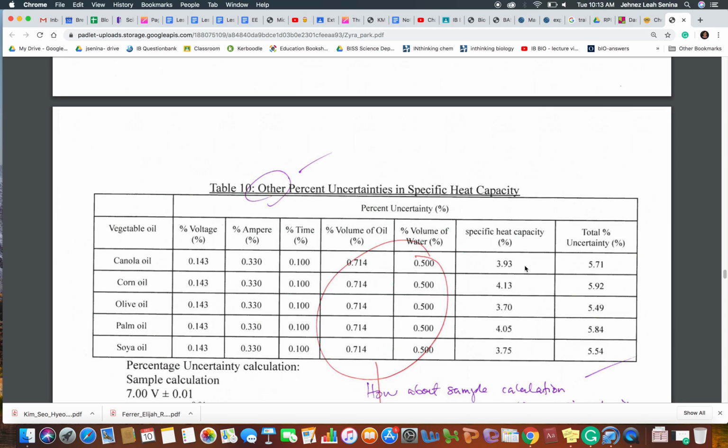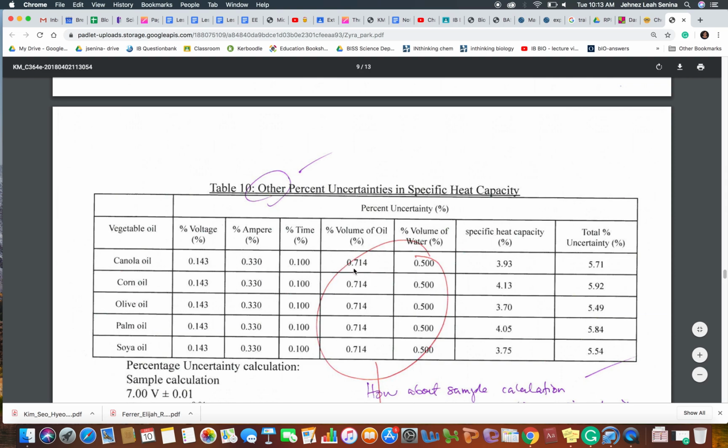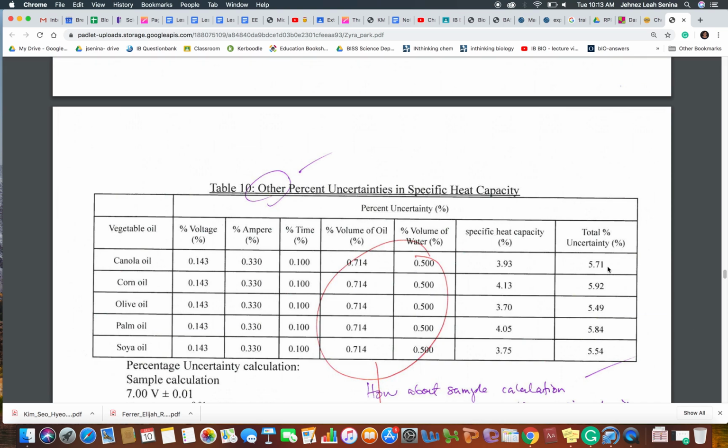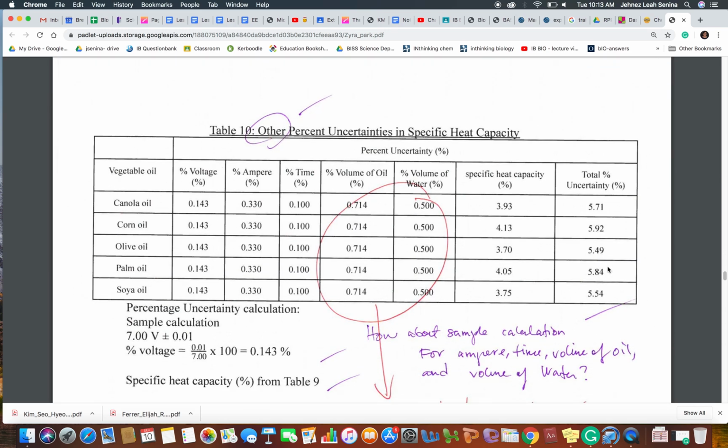And 3.93 was her original percent uncertainty from calculation, plus all the other percent uncertainties equals, now it's 5.71. Are you still with me? So she's adding up every possible source of error. Now it's 5.71.